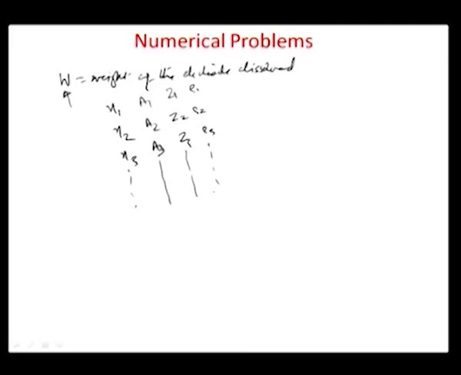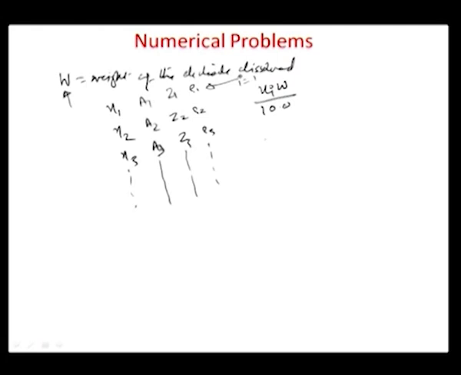So the total amount of the component corresponding to i equal to 1, which is present in this W, is x1 W by 100. For the ith component, it is xi W by 100.